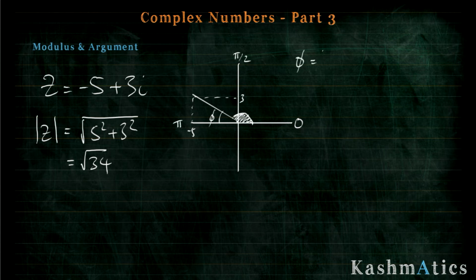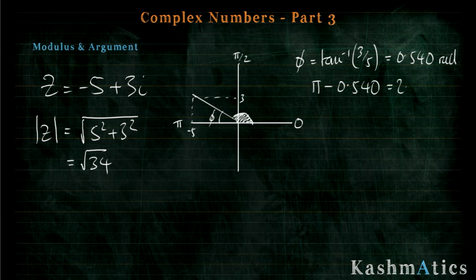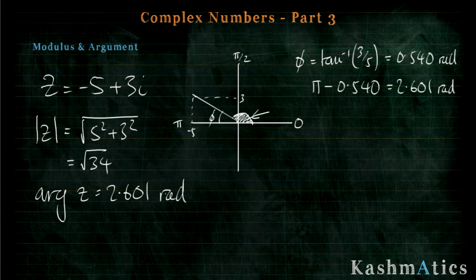That would be the inverse tan of 3/5, which is equal to 0.540 radians, and the angle I'm after is pi take away 0.540, which is equal to 2.601 radians. So that's this angle here which I've just worked out. That means the argument of z is 2.601 radians.